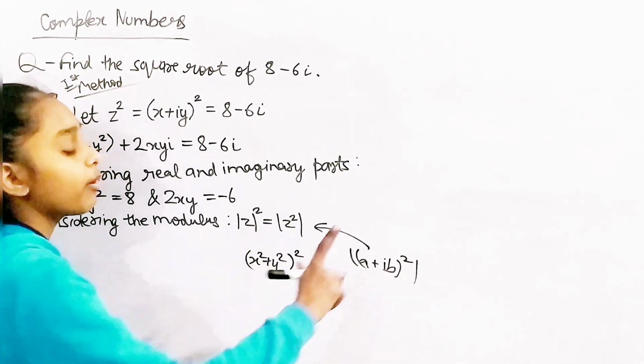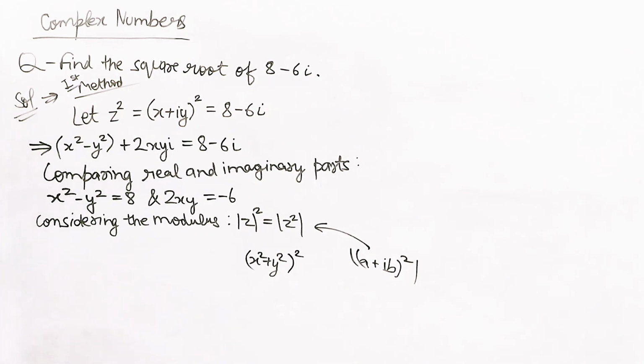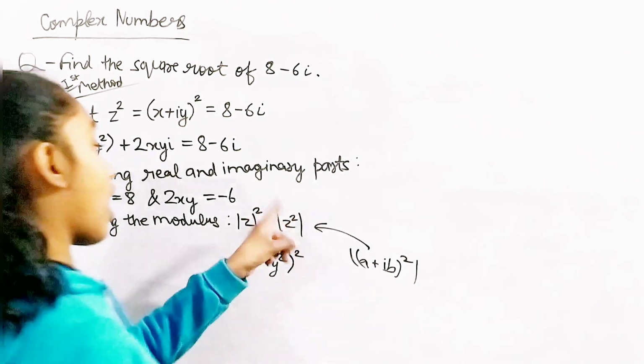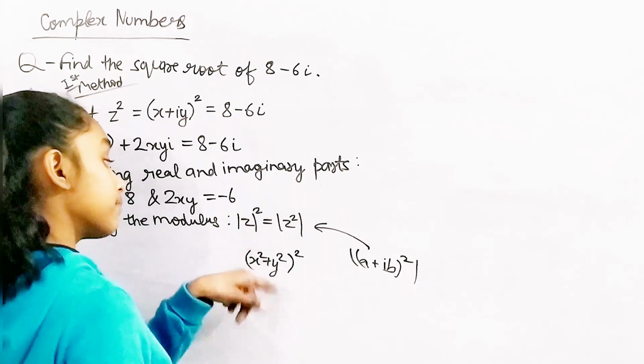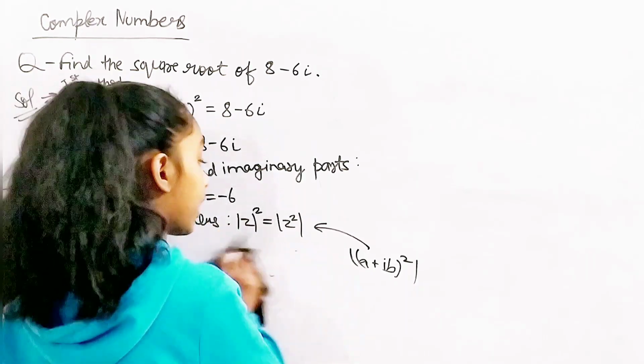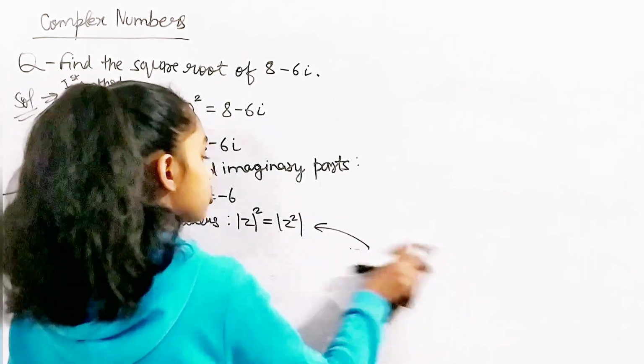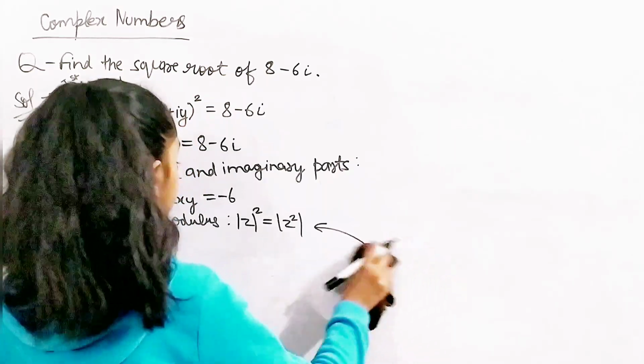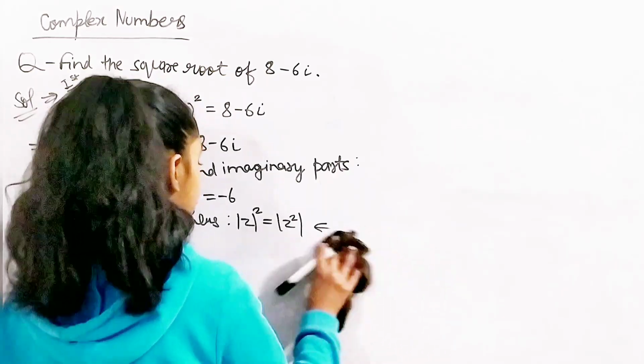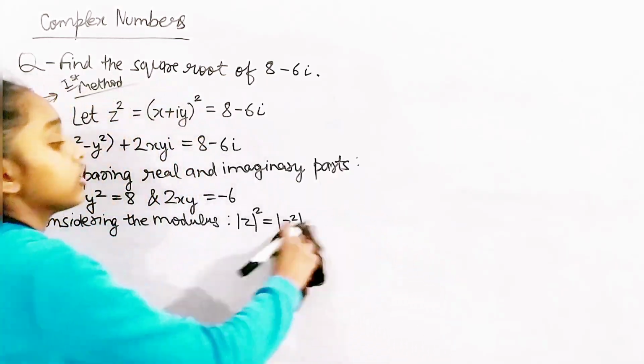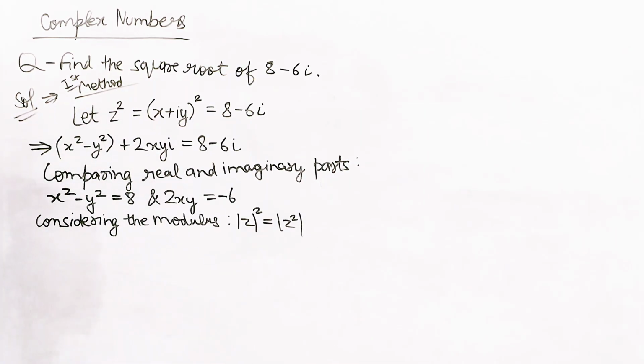Both are different. One is talking about the complex number z squared, and the other is talking about the modulus of the complex number. So no need to get confused, and we won't talk too much about the properties because I'll discuss them later on.